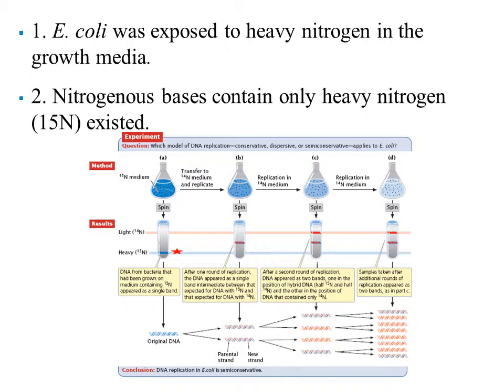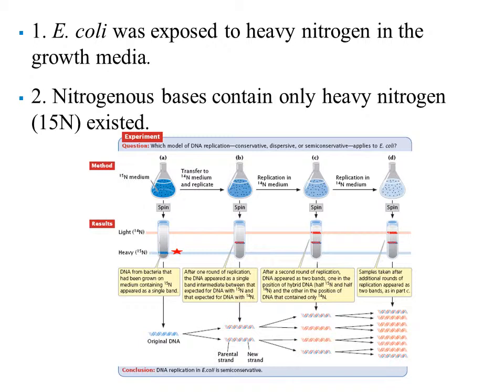This is Meselson and Stahl's experiment. Step 1. E. coli was exposed to heavy nitrogen in the growth media. This means that every E. coli that replicated would have to use nitrogen in order to make its nitrogenous bases. Step 2, nitrogenous bases contain only heavy nitrogen.